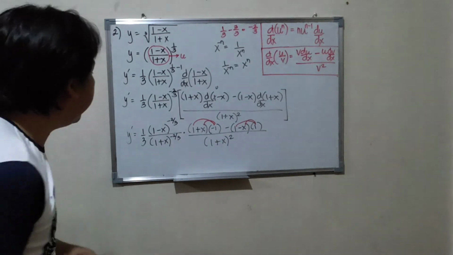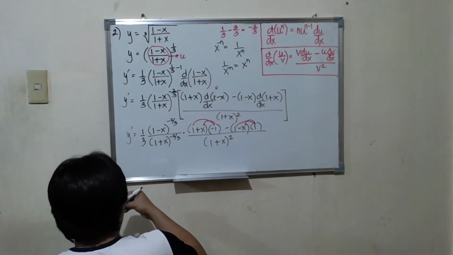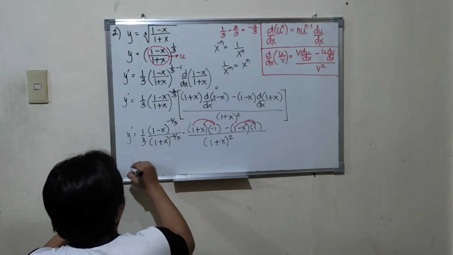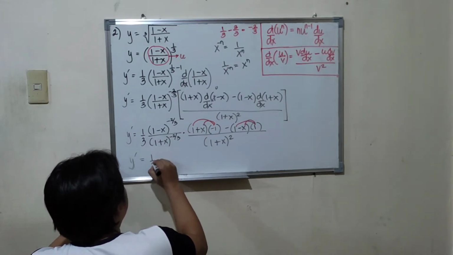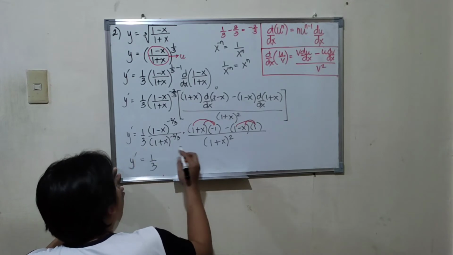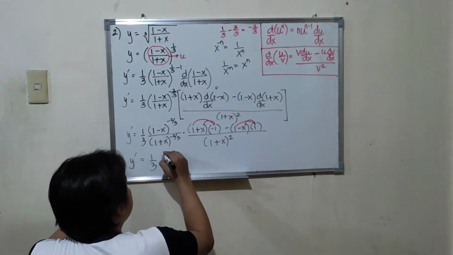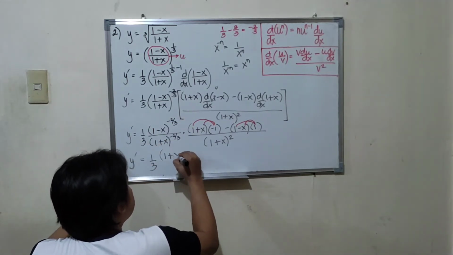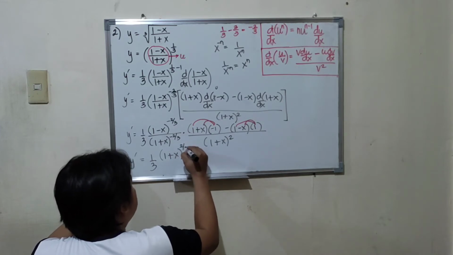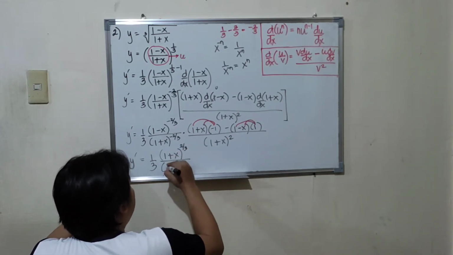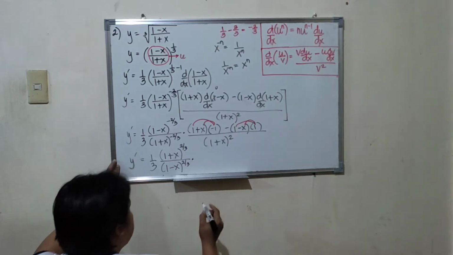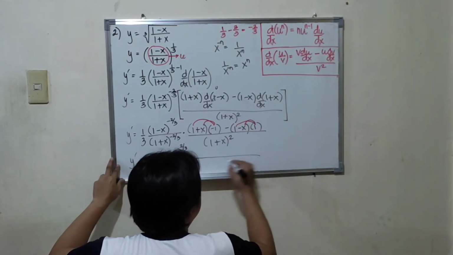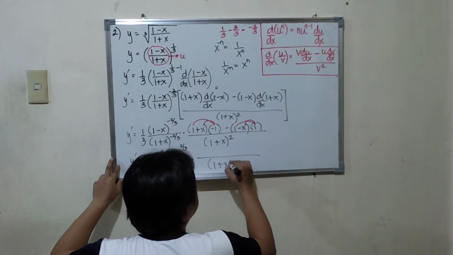We will now have y prime equals 1/3, then interchange, we have 1 plus x raised to positive 2/3 over 1 minus x raised to positive 2/3 times, all over 1 plus x squared.